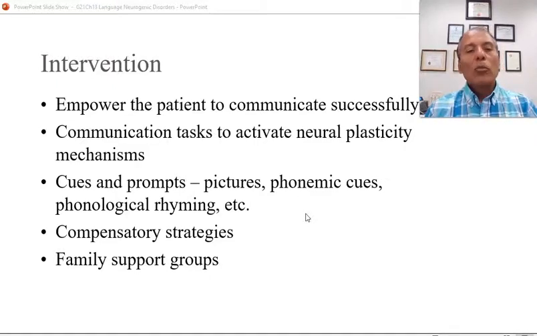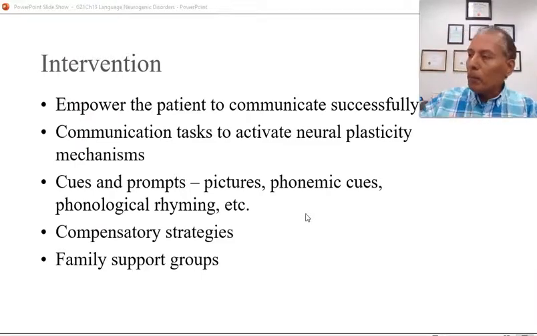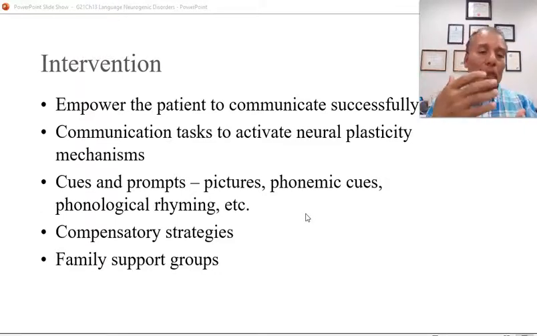There is a system of cues, a hierarchy, different levels of cueing based on the easiest and the most direct, to the subtle cues, depending on the needs of the patient initially.